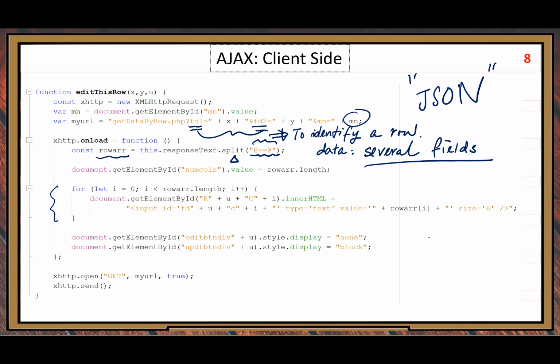With a for loop, you can display the elements for one row with the values to be modified.